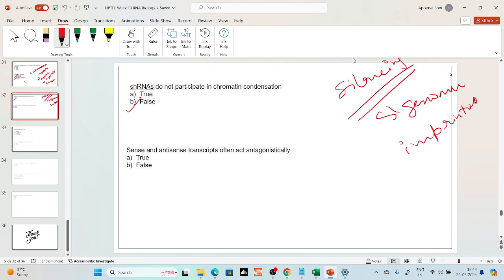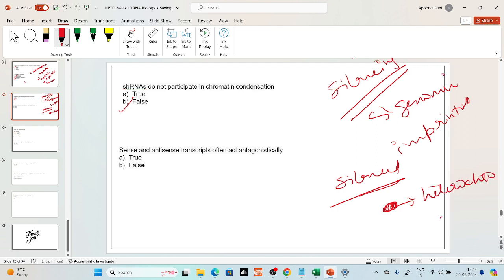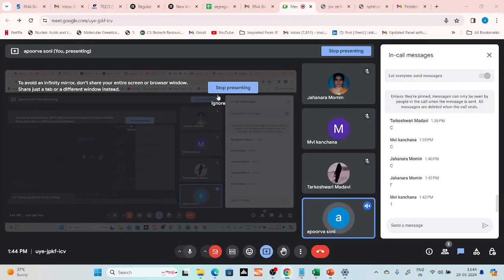The chromatin should be condensed because when a gene is silenced, then chromatin is so much condensed and densely packed, which forms a heterochromatin region. So that means the statement that shRNA do not participate in chromatin condensation is false, because they do participate in chromatin condensation. And how do they condense the chromatin? By silencing the gene. With the help of silencing, they condense the chromatin.